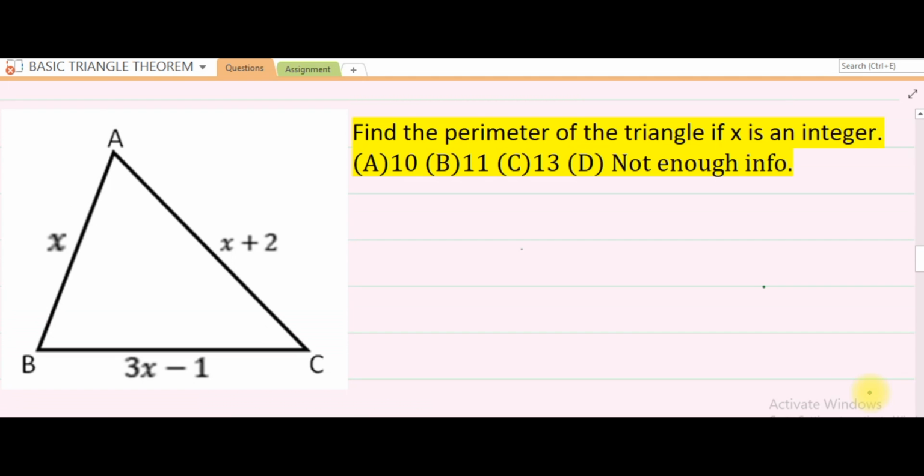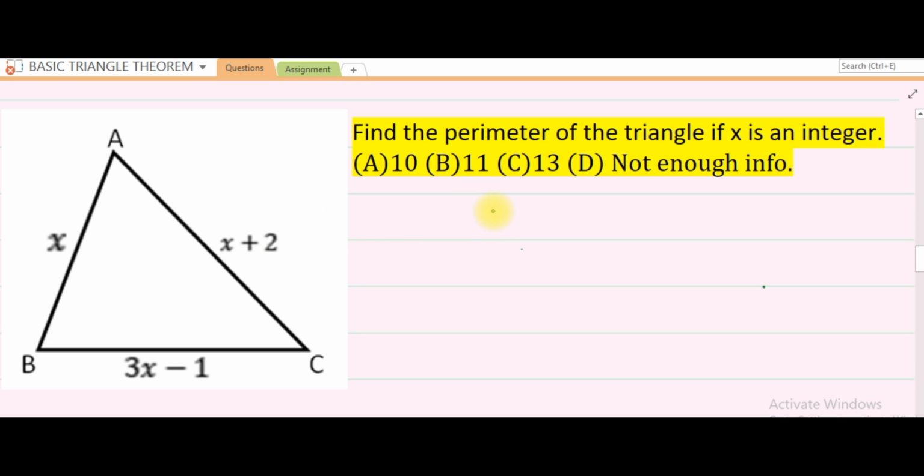The next question. We are given the diagram and we're asked to find the value of x if x is an integer. In the diagram, we are given 3 sides, so we need to apply the triangle inequality theorem. So I'm using 3x minus 1 as my third side.